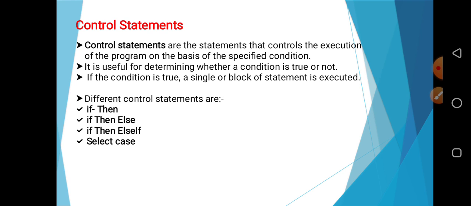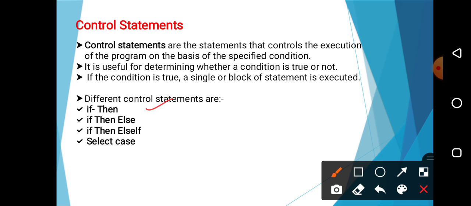I think you have already heard about control statements in C and C++. You have already heard about if else and the select case statement. What is the use of it, students? Obviously, to control the execution of the program.